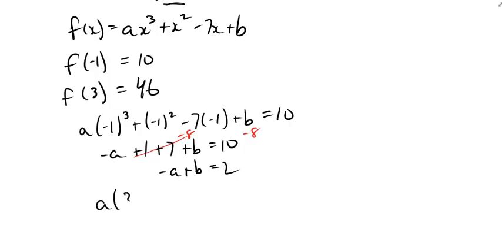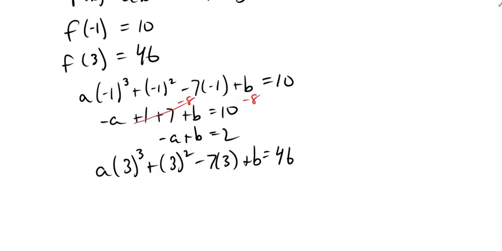A times 3 cubed plus 3 squared minus 7 times 3 plus b equals 46. So that's 27a plus 9 minus 21 plus b equals 46.